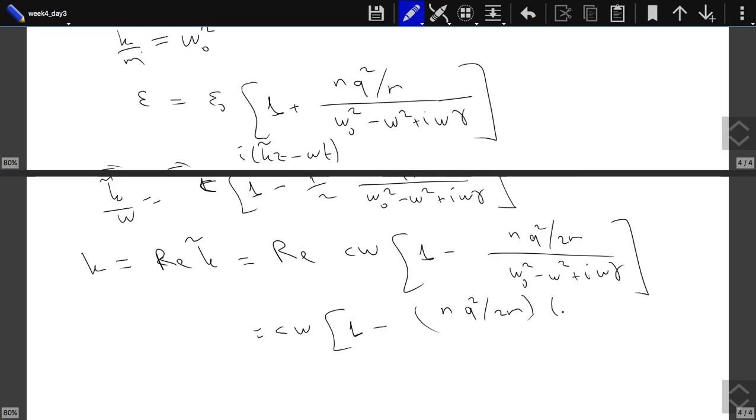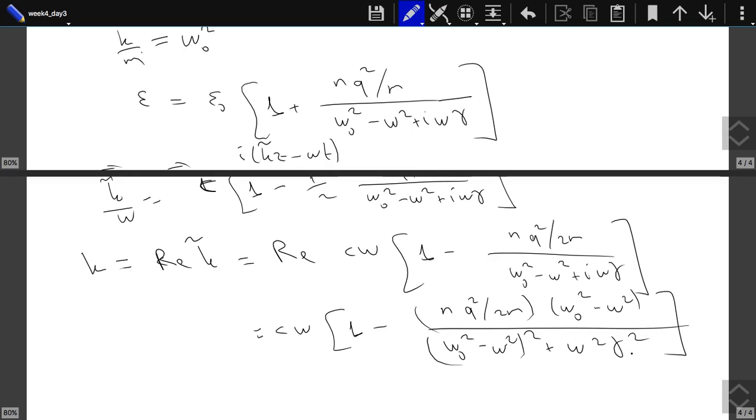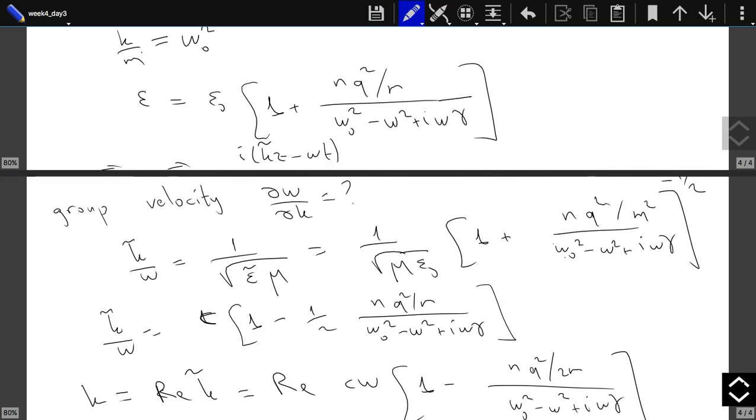I should take the real part of this thing. This is omega over c times 1 minus nq squared over 2m, times omega 0 squared minus omega squared, divided by omega 0 squared minus omega squared, squared, plus omega squared gamma squared. Now this is my k. It's a function of omega.